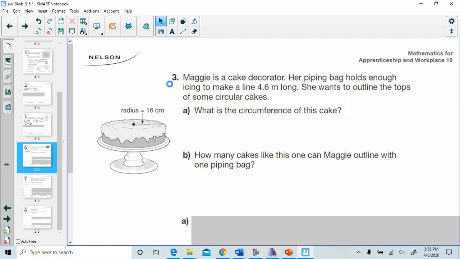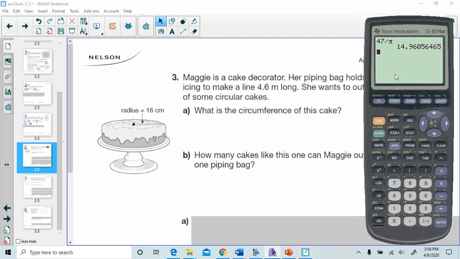Okay, next one. We've got a cake decorator, Maggie. Her piping bag holds enough icing to make a line 4.6 meters long, and she wants to outline the top of the circular cake. So we're looking for the circumference of the cake first. Now we have the radius. So we're just going to keep that in mind as we're working through this one.